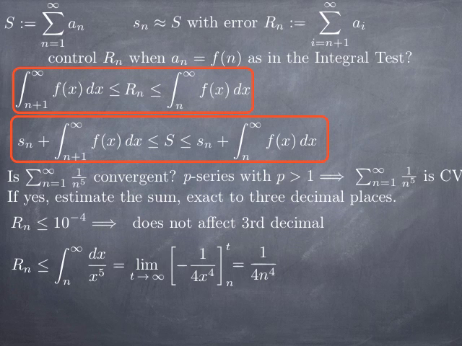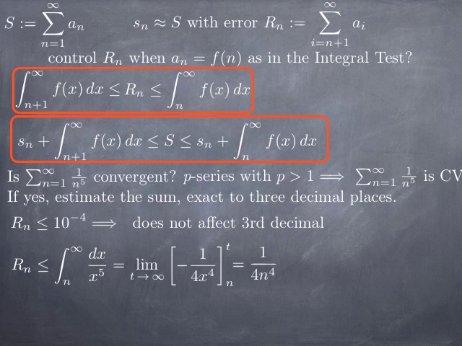Of course, n here should be a positive integer, and therefore the first value of n that is going to satisfy this condition is 8. So what that tells us is that the partial sum S8 approximates the actual sum S in a way that will have 3 exact decimal places.